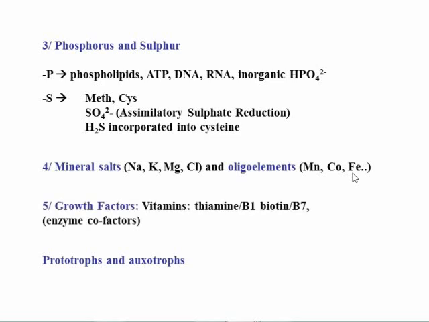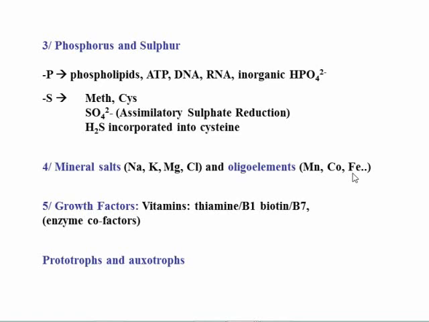And finally, some bacteria can produce everything they need from basic subunits, but many will require some kind of growth factors. So thiamine, vitamin B1 and biotin B7 are required by quite a few bacteria. Well, what are these useful for?